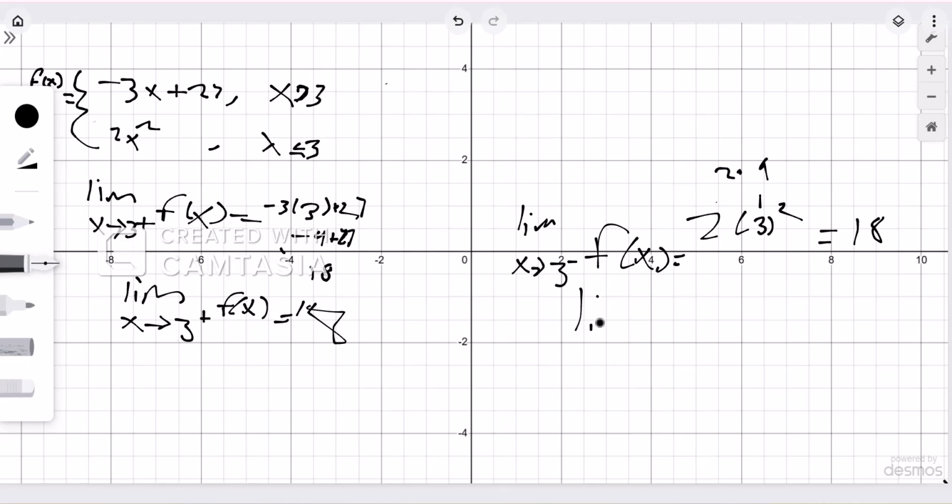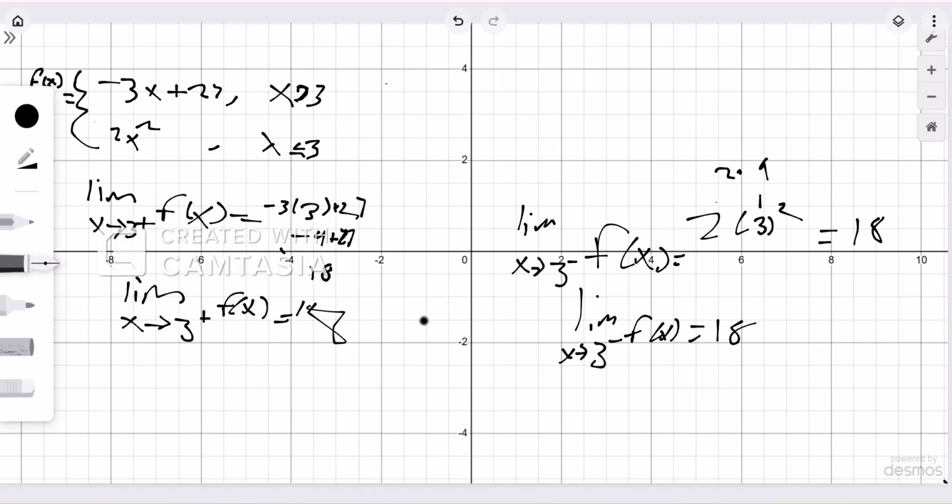And the limit over here, as x approaches 3, also reminds you what you're doing all this math for. We're trying to see if this is continuous, and we find continuity as the limits approach the number. So as you could tell, when the left side approaches 3, it approaches 18. And over here, when the limit approaches 3 from the right side, it also equals 18.